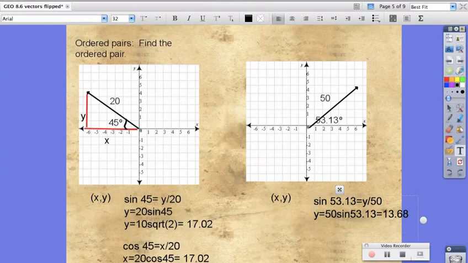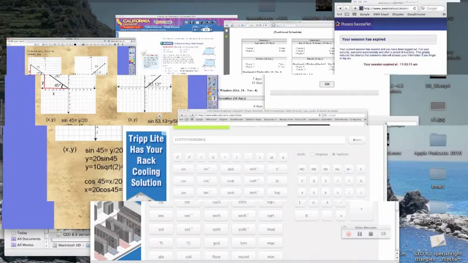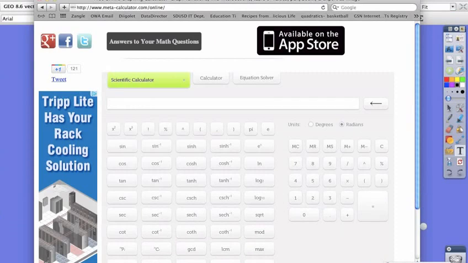Same thing for cosine. Cosine 53.13 equals x divided by 50. X equals 50 cosine 53.13. That doesn't work out nicely.